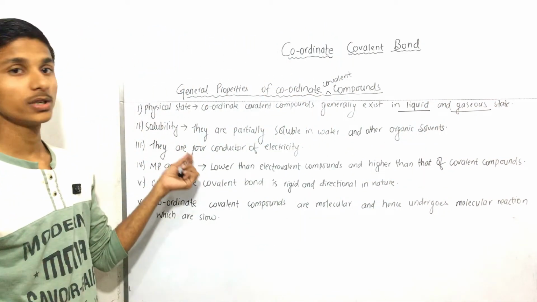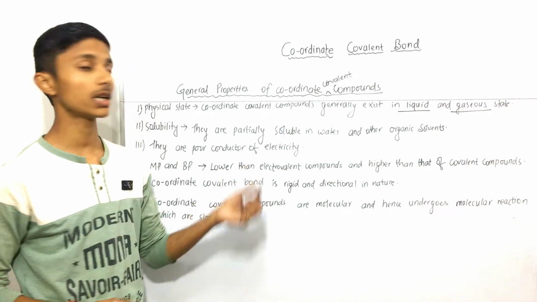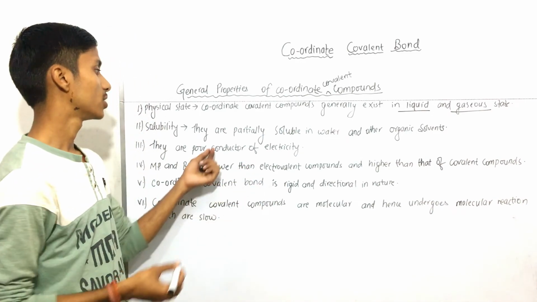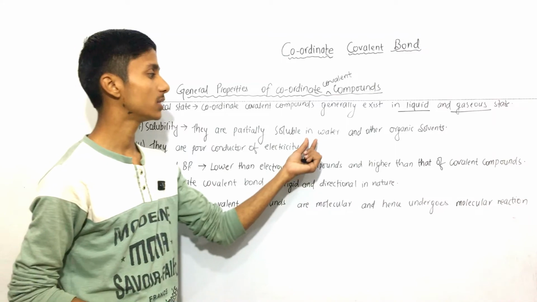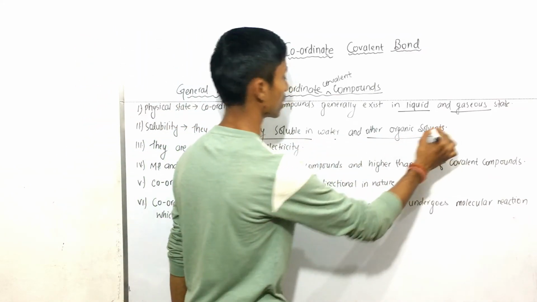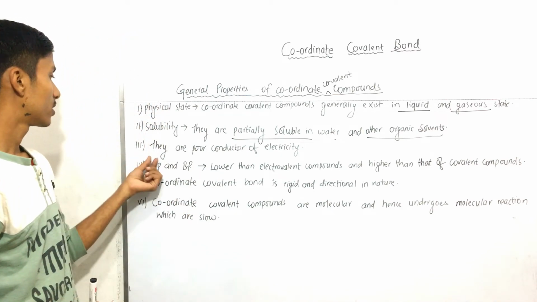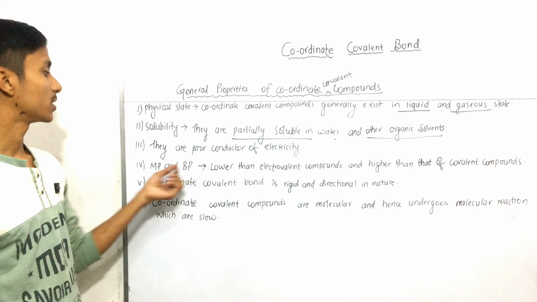Second, solubility. What is the solubility of coordinate covalent compounds in water and other organic solvents? They are partially soluble in water and other organic solvents. They do not dissolve fully. Third, conductivity.